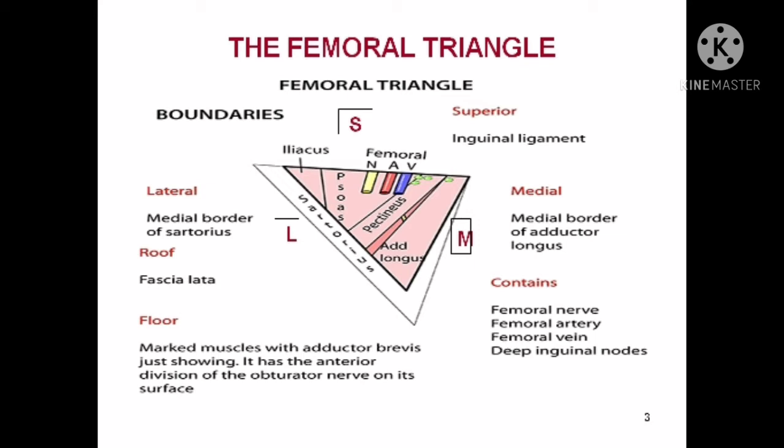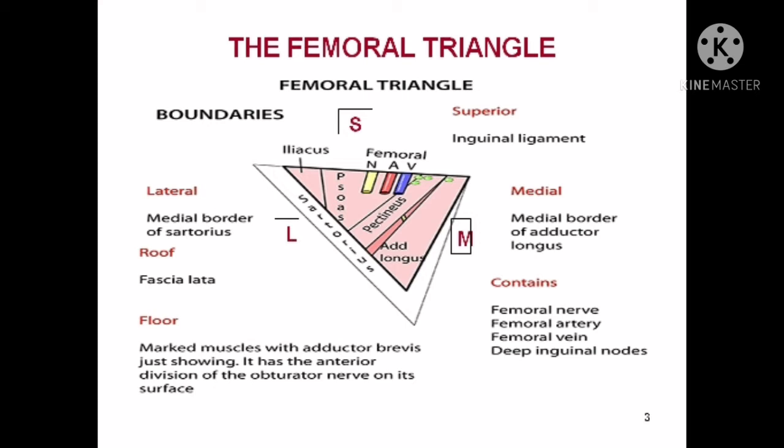The floor is marked by muscles, with the adductor brevis showing the anterior division and the obturator nerve on its surface. You can see along the adductor longus, and in between the adductor longus and the pectineus muscle is the adductor brevis muscle, and the dot you can see is the obturator nerve.